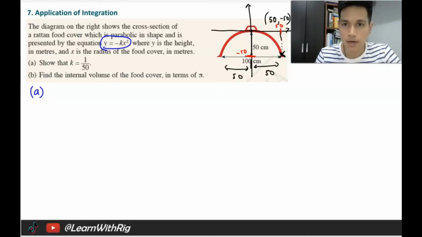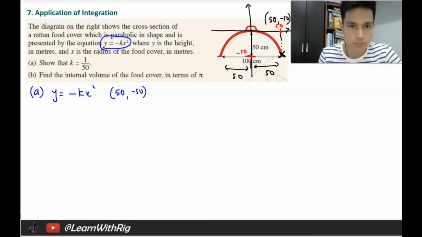For me, I've already found this coordinate, so I'm going to substitute it into the equation. The equation here is y equals negative kx squared, and you substitute that particular point, which is 50, negative 50. So the y value is negative 50 equals negative k times 50 squared, since x is 50.